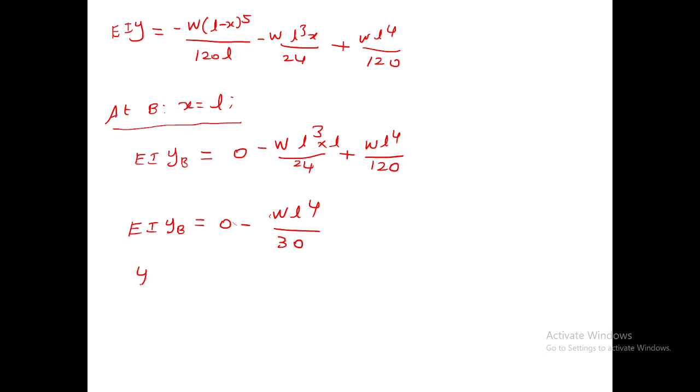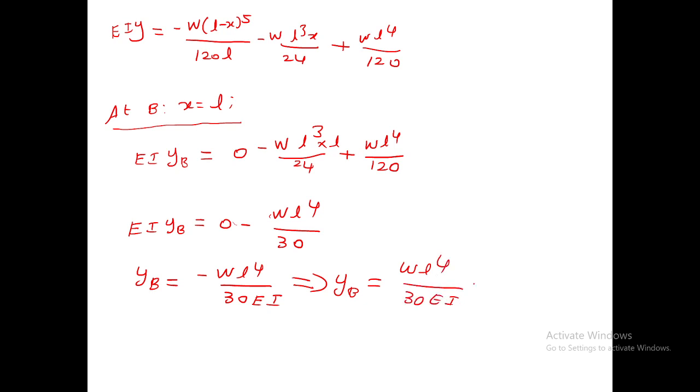So yB equals minus WL power 4 divided by 30 EI. The magnitude of yB equals WL power 4 divided by 30 EI in the downward direction. Okay, this is the deflection of the uniformly varying load, the deflection at point B. Thank you.